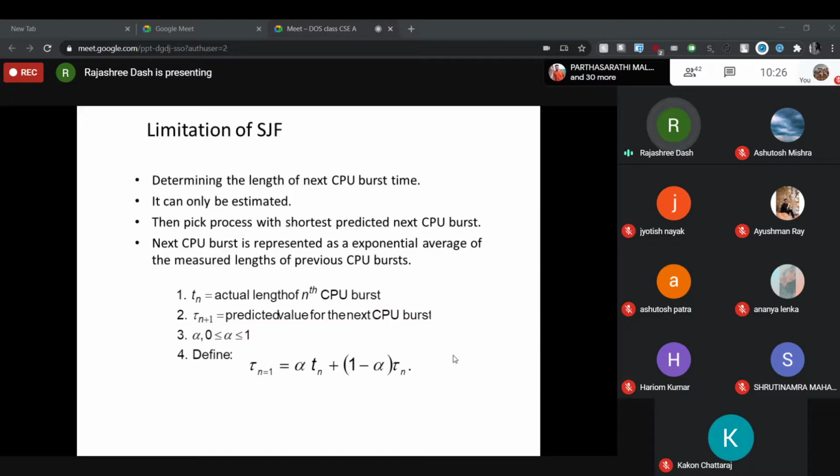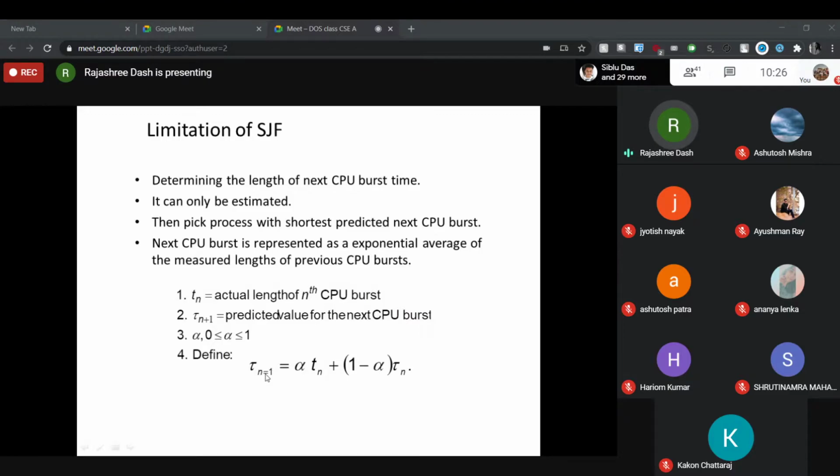The next CPU burst is generally predicted as an exponential average of the measured length of the previous CPU burst times. Consider Tn as the actual length of the nth CPU burst, and tau n plus 1 as the predicted value of the next CPU burst. Now, taking a parameter alpha with a value from 0 to 1, we can represent the predicted value of the next CPU burst, tau n plus 1.